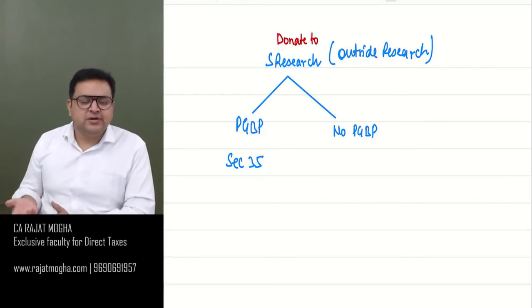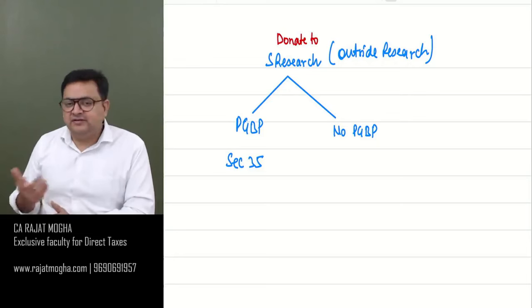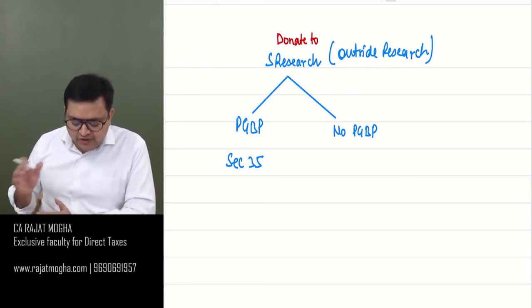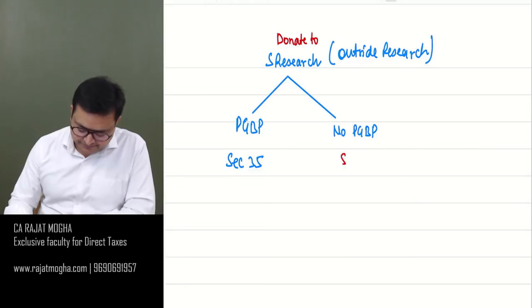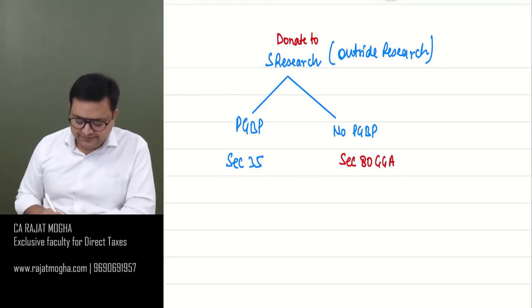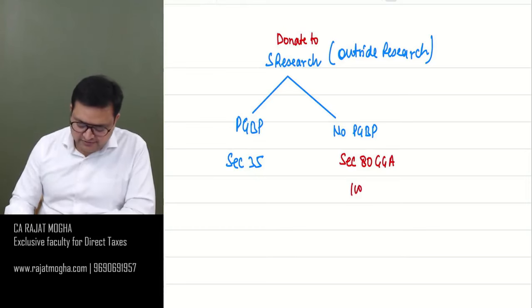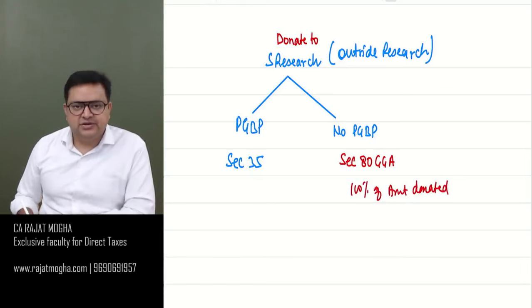Why not? He can also donate. But can he claim under section 35? The answer is no, because section 35 is for PGBP. So those who do not have PGBP get deduction under section 80GGA, for 100% of the amount donated.